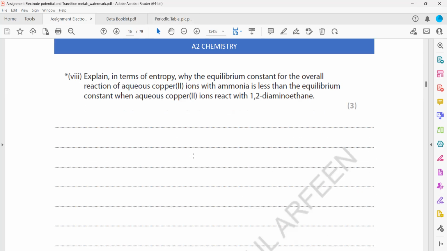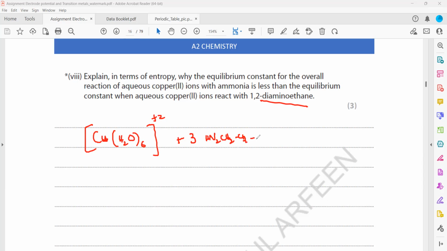Entropy depends on the number of particles: if the number of particles increases, entropy will increase. Here, this one is a bidentate ligand. We were having a complex, Cu(H2O)6, with a charge, and there we need 3 molecules of NH2CH2CH2NH2 because it's a bidentate ligand.